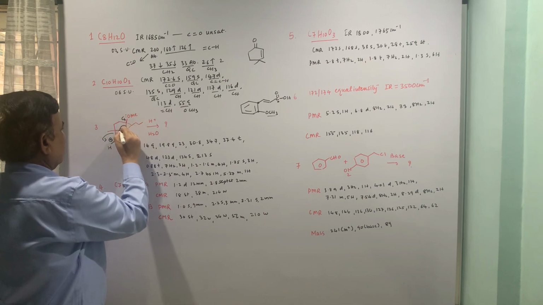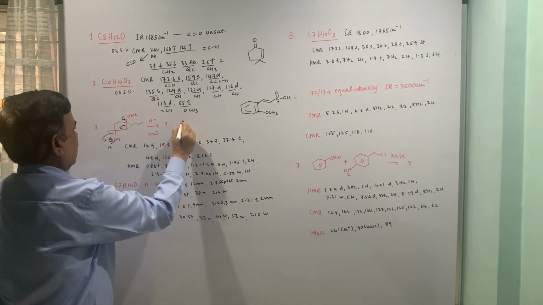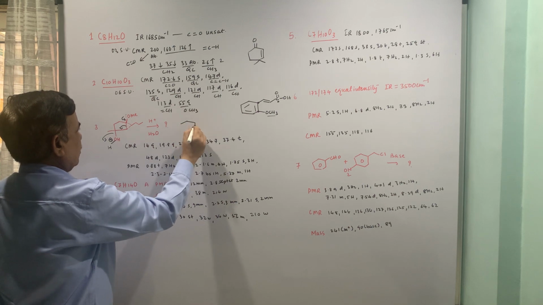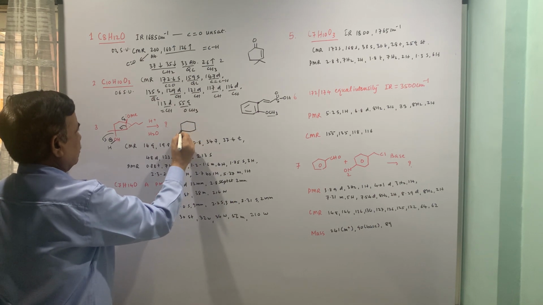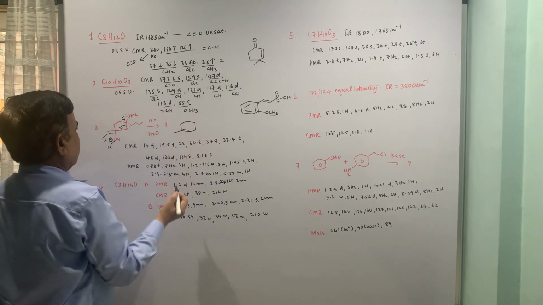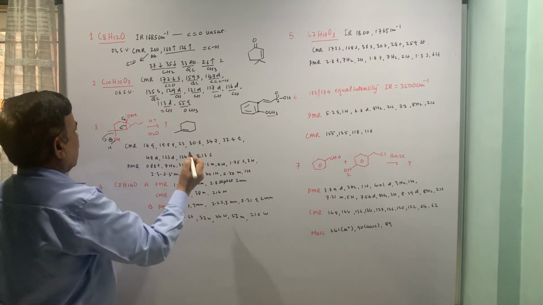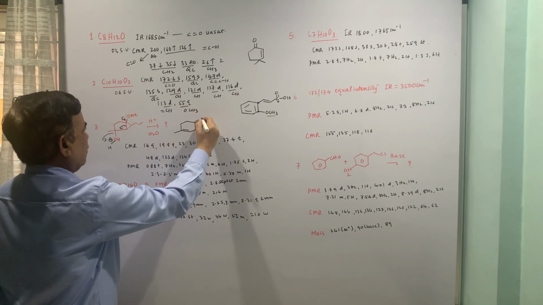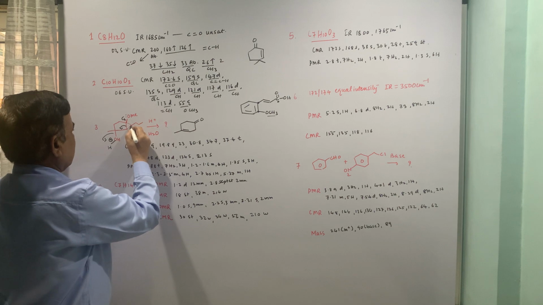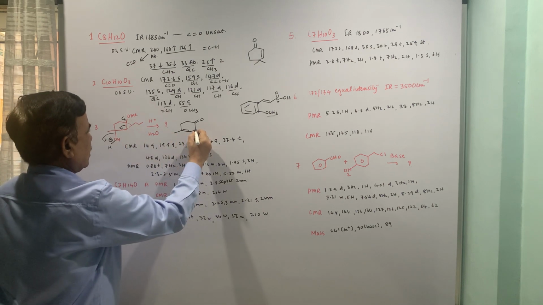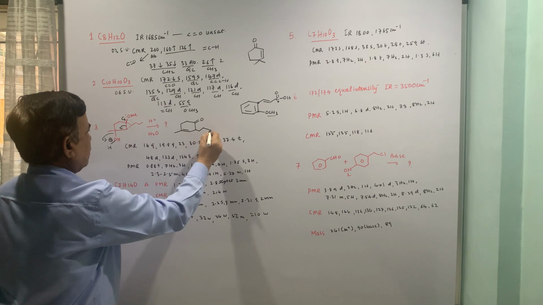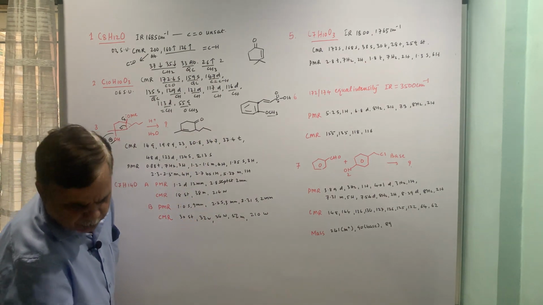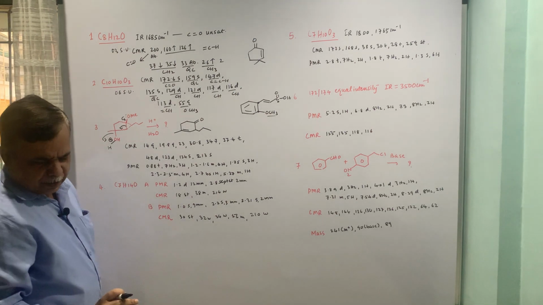Probably this is the driving force, and the outcome I am putting: the methyl with a double bond, and then CH2 CH2, this ultimately will become carbonyl, and then this will be CH, then 3 carbons are there as a side chain.